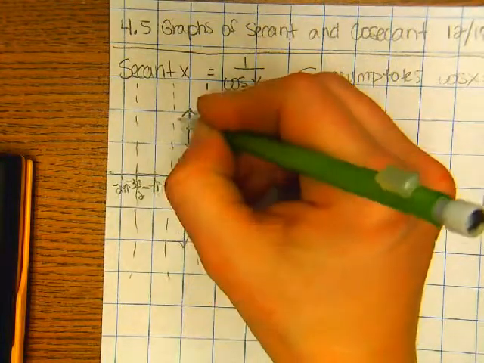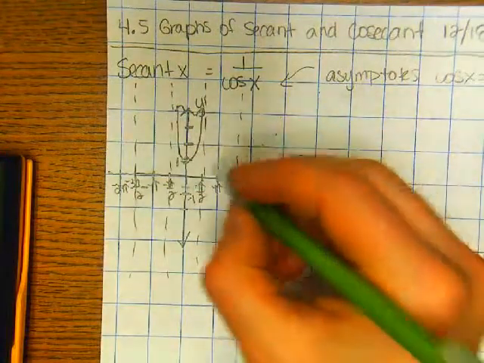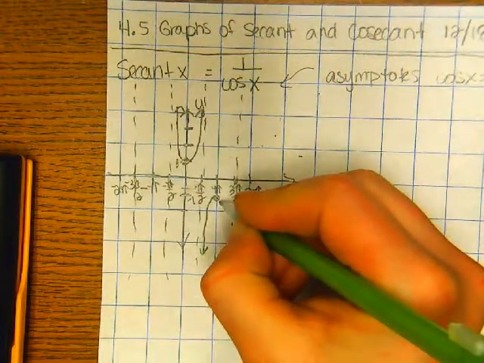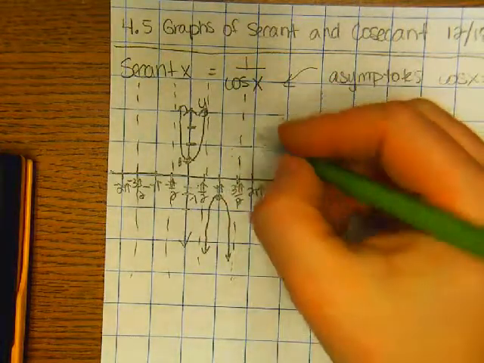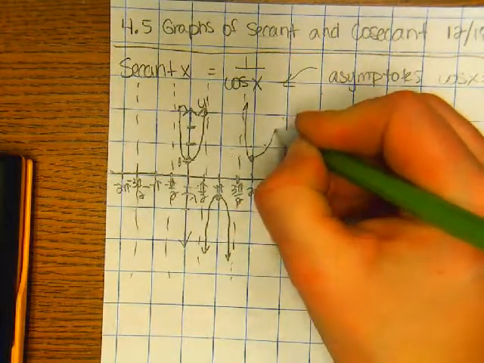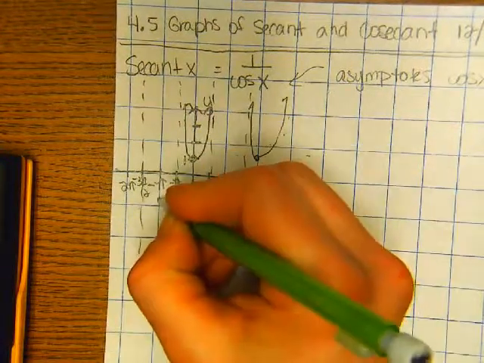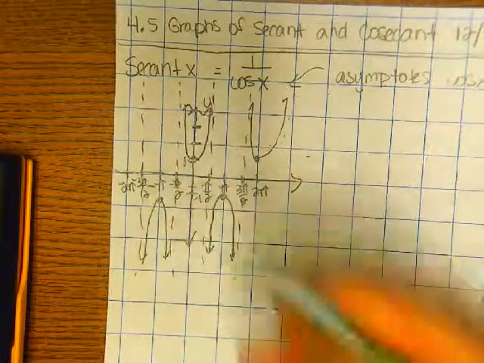And then we just make our U's. Over here, it's only half of it. I can continue the graph, but it's going to continue on to another asymptote at 5 pi halves.